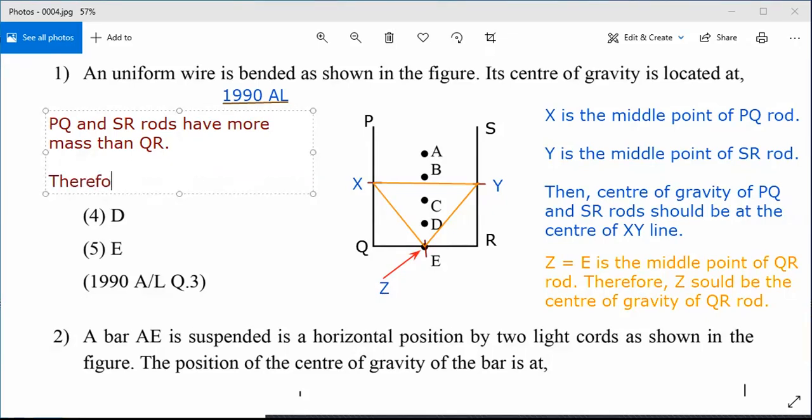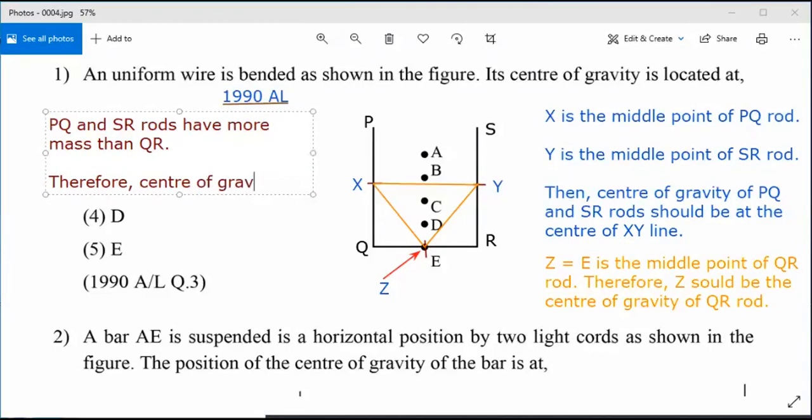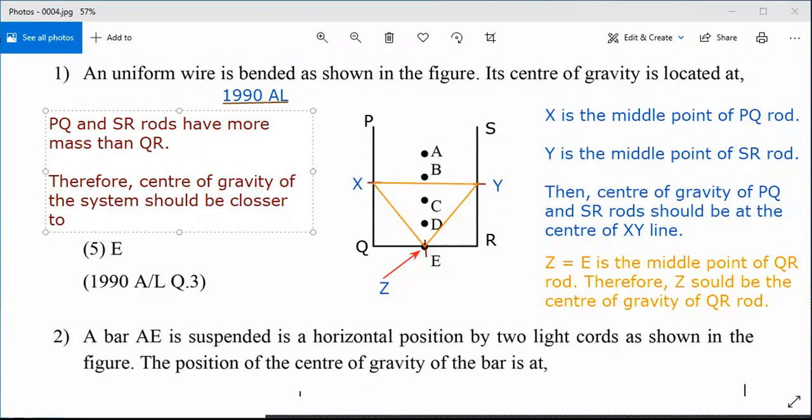So therefore, the center of gravity of the system should be closer to the center of gravity of PQ and SR rods.